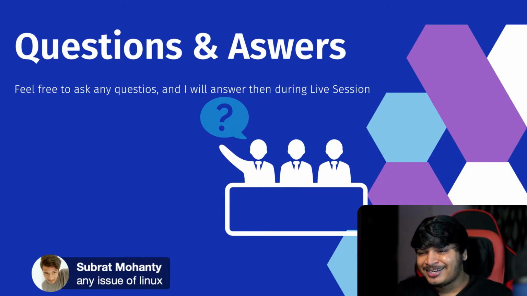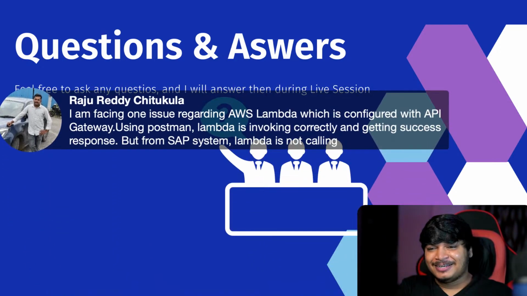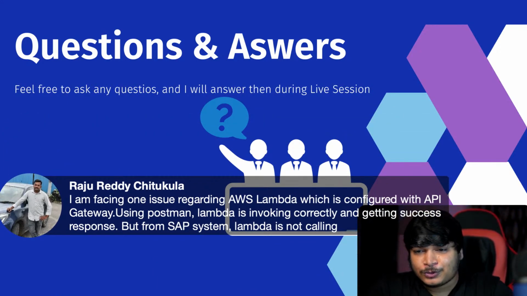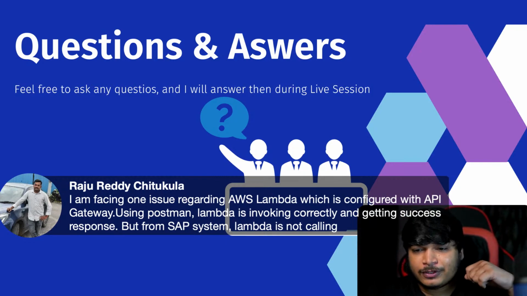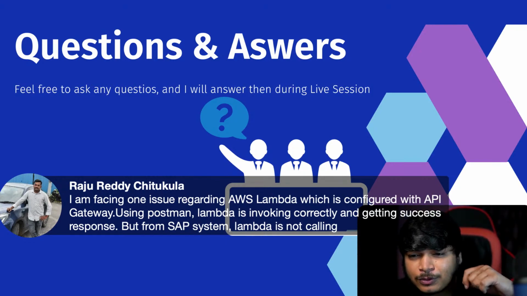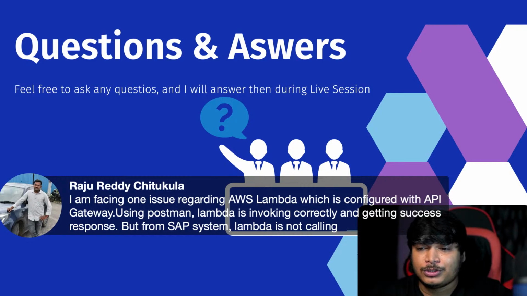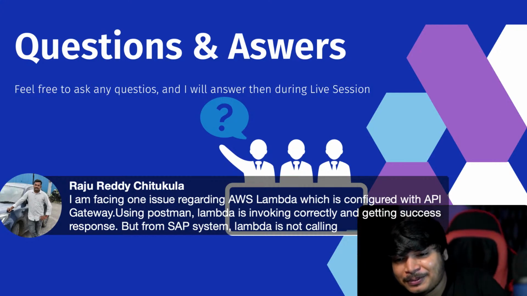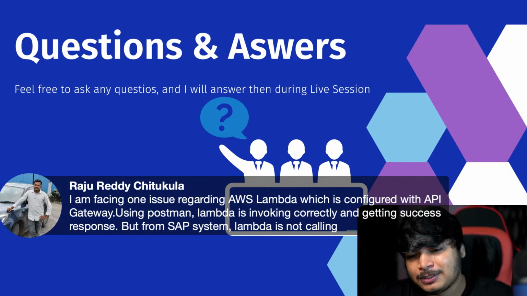Okay, it's a big question. So Raju is saying that I am facing one issue regarding Lambda, which is configured with API Gateway. Using Postman it is invoking correctly and getting a success response, but from the SAP system, Lambda is not being called.